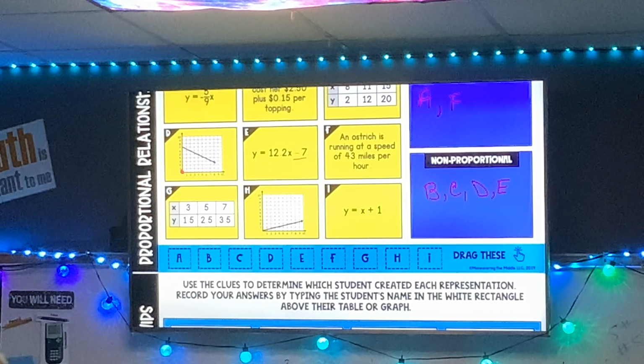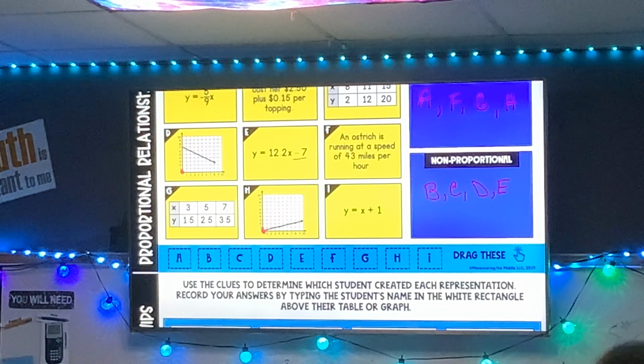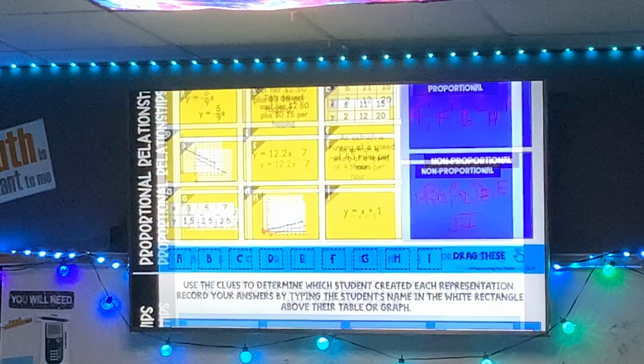Okay, G, throw it in your calculator. It's proportional. And they say it's proportional because your y-intercept is 0. If I'm looking at that beautiful graph, is that proportional? Yes. And what about I? Non-proportional.